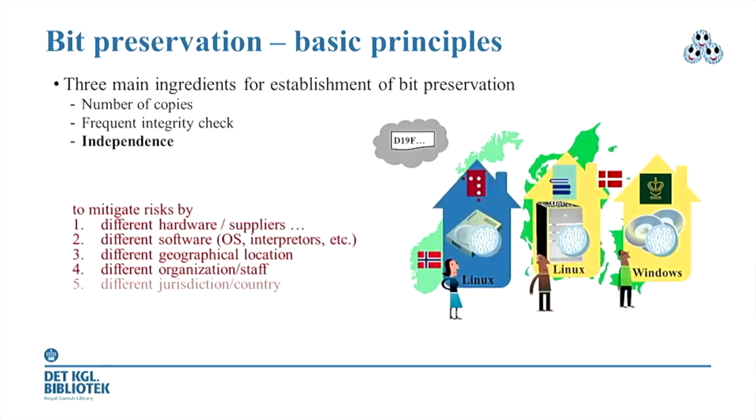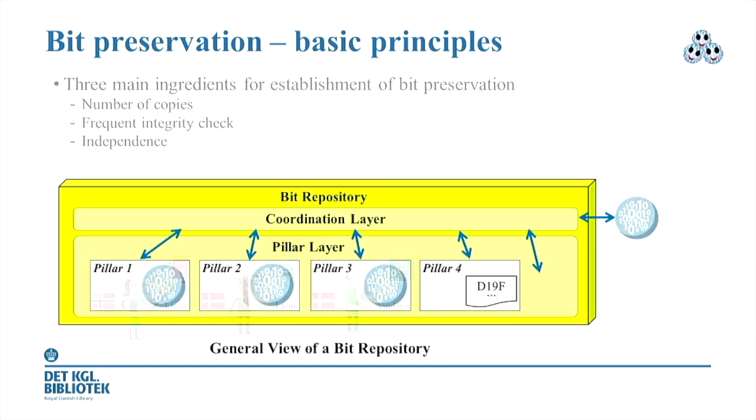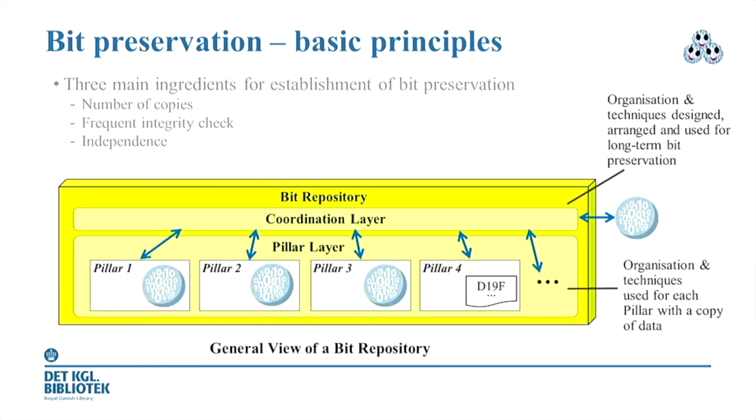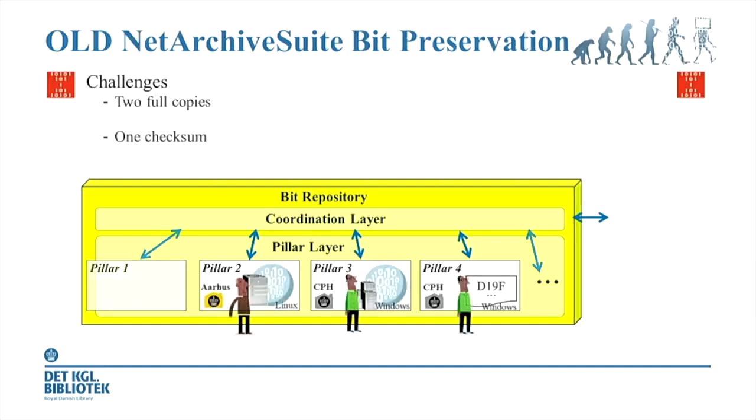And then you need as much independence as possible, so that no one event can harm all your copies. Again, risk management. Okay, so this is a general view of a bit repository. And again, please note, it's organization and technique. Technique cannot solve things for you. You need to have an organization around that.